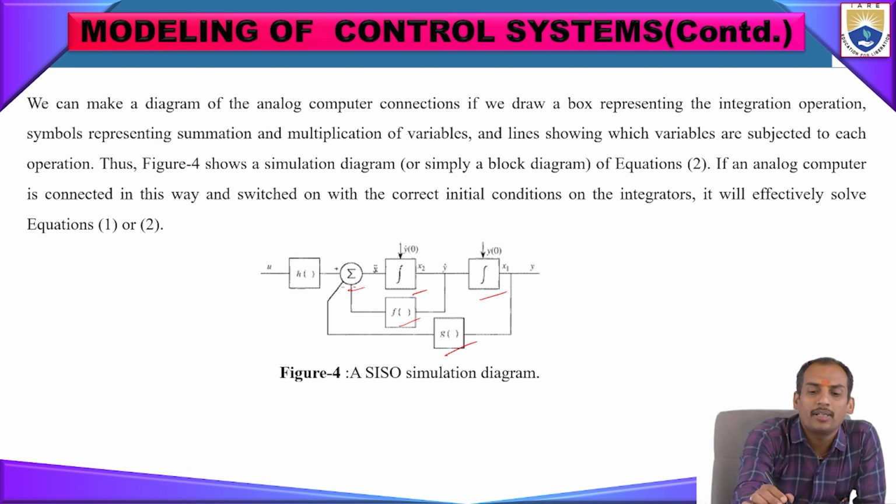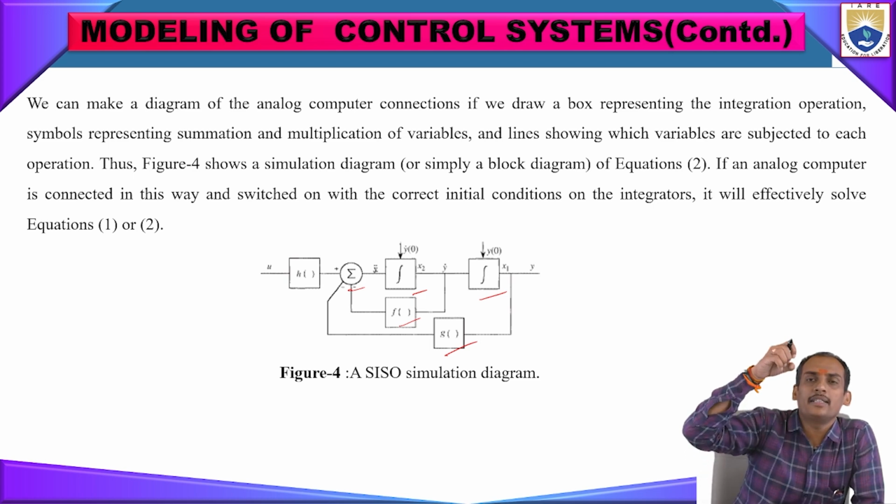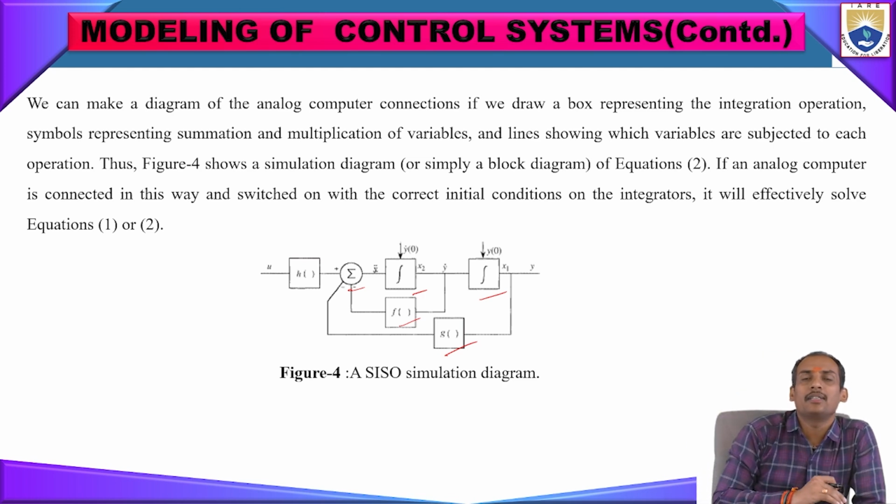Like you see, for this integrator there will be two inputs, y dot of naught and y of naught. Those will be the inputs for that integrator, and the integrator functions are f and g, and the h function will be that constant function.